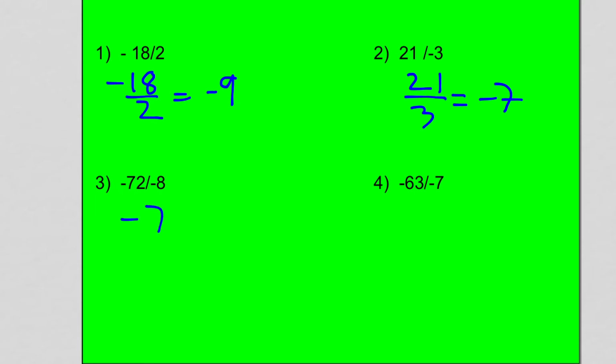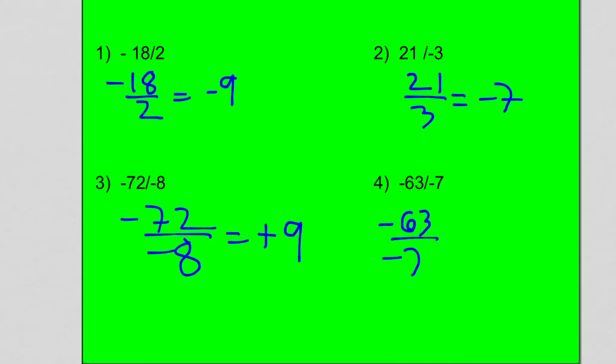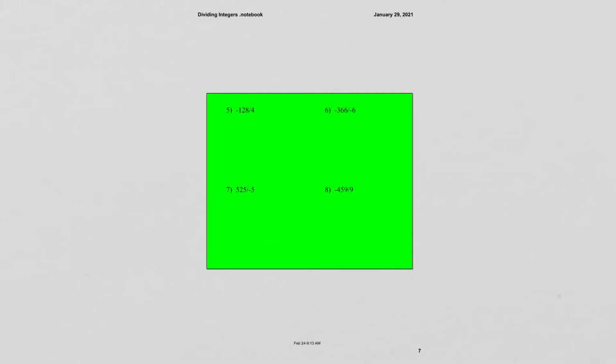And negative 72 divided by negative 8 would be positive 9 because a negative divided by a negative is a positive, and negative 63 divided by negative 7 would be positive 9 because a negative divided by a negative is a positive.